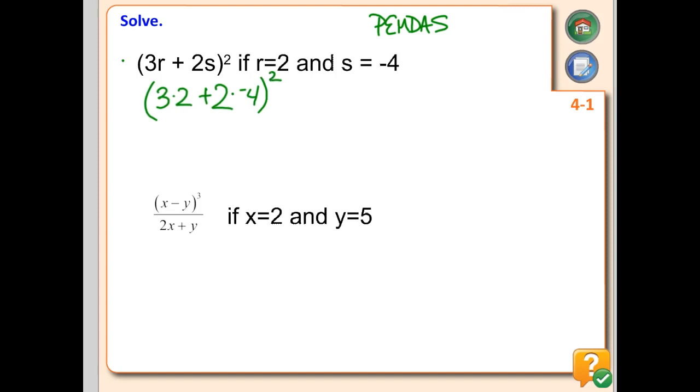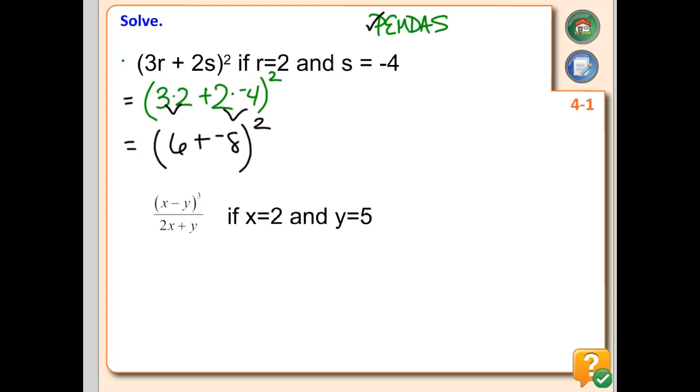Okay, now if I look up here, PEMDAS says we're going to do parentheses first. So let's look. What's in parentheses? Ooh, we got a bunch of operators in there. Which operation do we do first? Oh, that's right. We do multiplication first. So we've got 3 times 2, which is 6, plus, what's 2 times negative 4? Negative 8, that's right, and we've still got that squared out there.